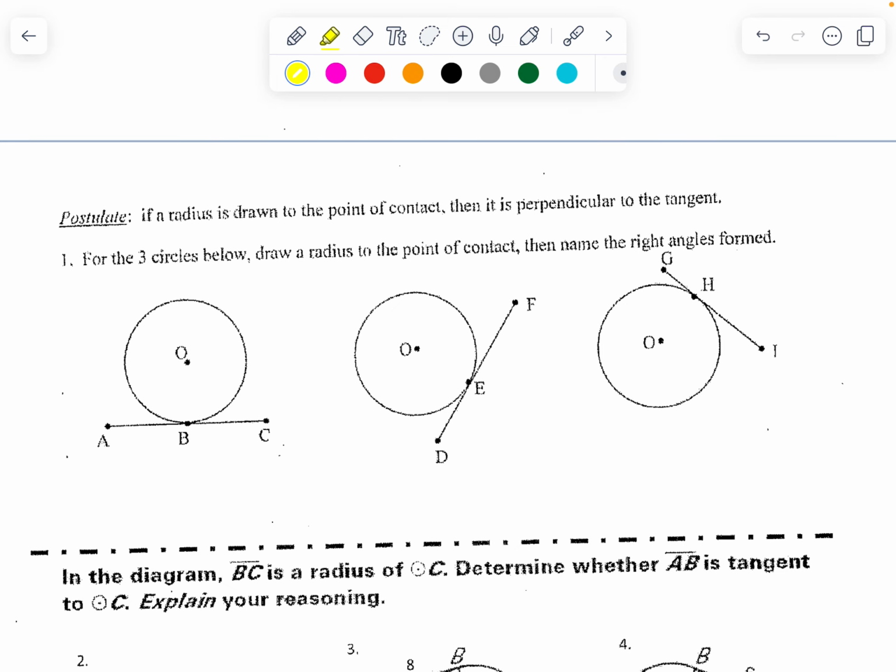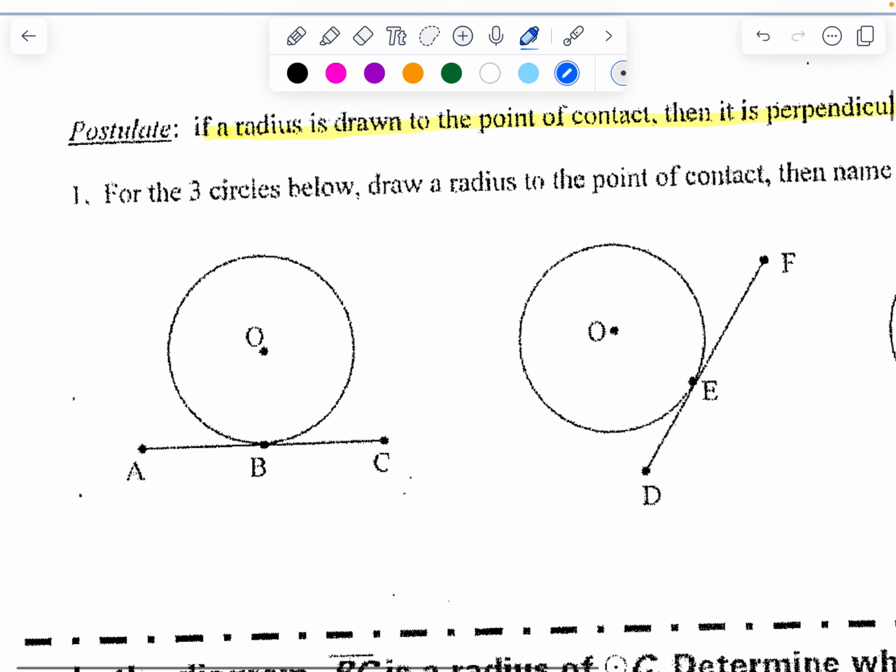Specifically, the tangent is what we're going to focus on today. A tangent and a radius will always intersect at a perpendicular angle. So any tangent is always going to be perpendicular to the radius of a circle. So if I have number 1 here, because AC is a tangent, OB, the radius, has to be perpendicular.